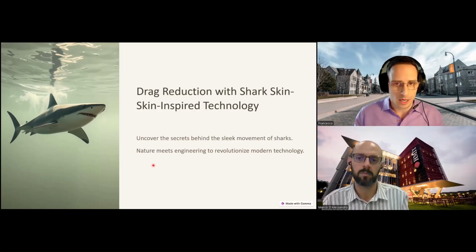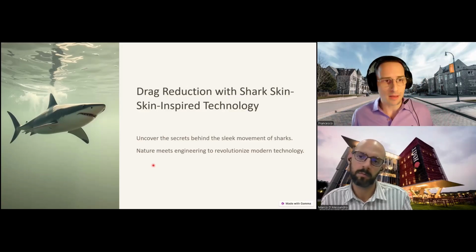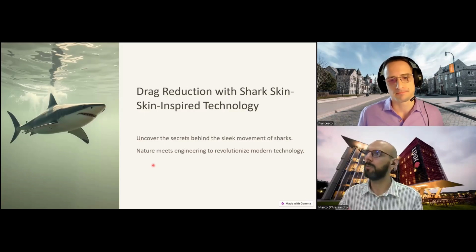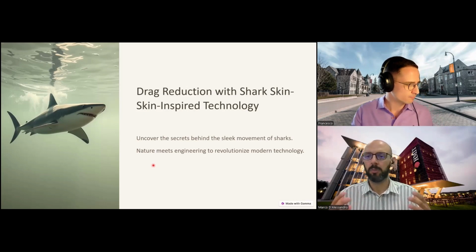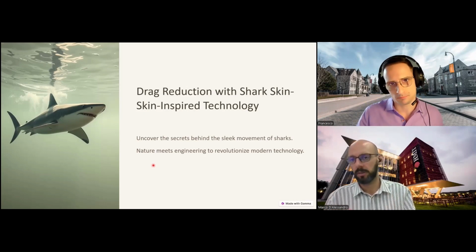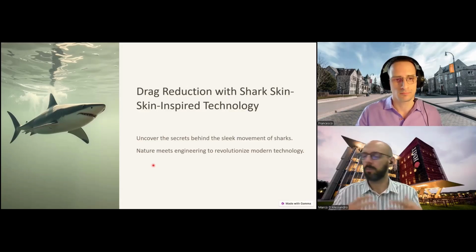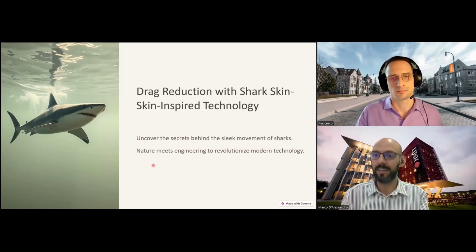We can really uncover physical mechanisms that can maybe spawn new technologies. The great advantage of numerical simulations is that it provides so much more information about the flow compared to experimental measurements, to field measurements. We have so much more information that we can analyze and study.